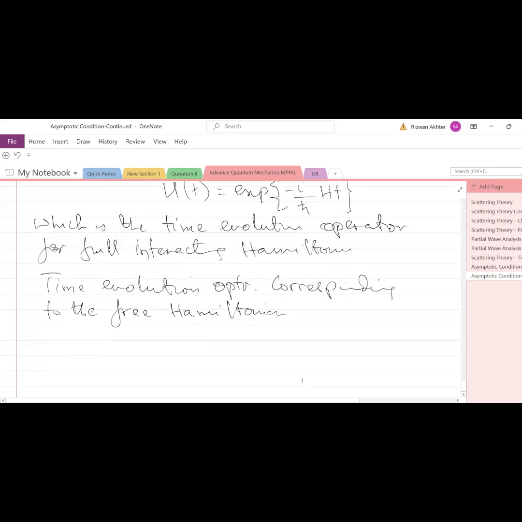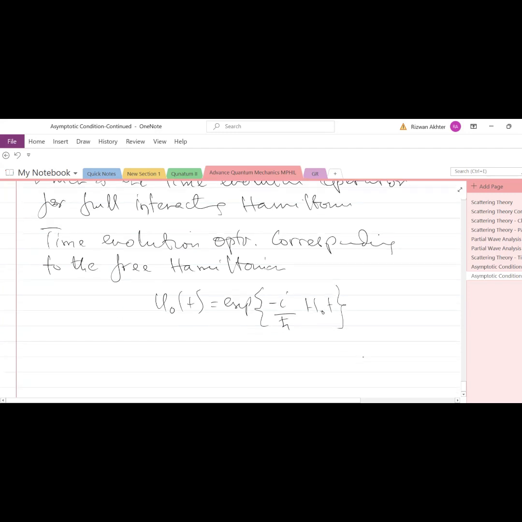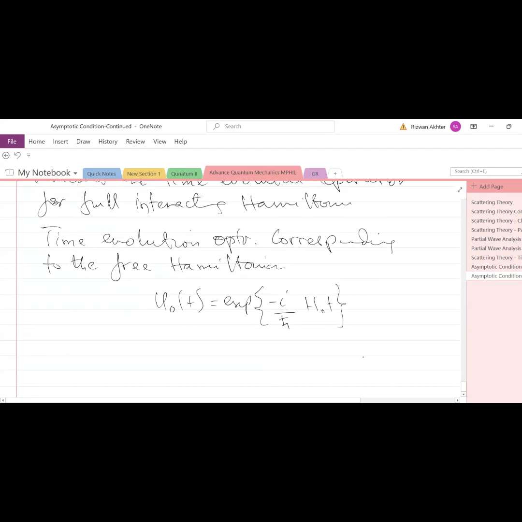That would be U naught of t, which equals exp of minus iota over h bar H naught t. So these are the two. Therefore, what would the molar operator be?